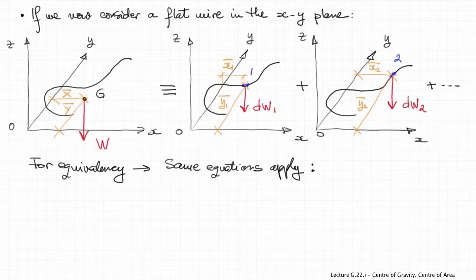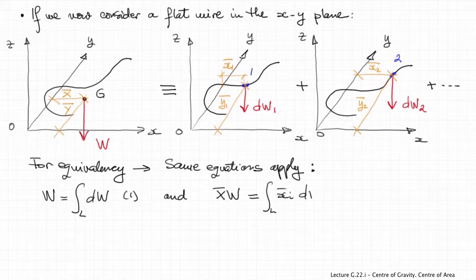And then what we will obtain is, firstly, W equals the integral over the length of the wire of dW. That would be equation number 1. And capital X bar W equals the integral over the length of the wire of small x_i bar dW, equation number 2.